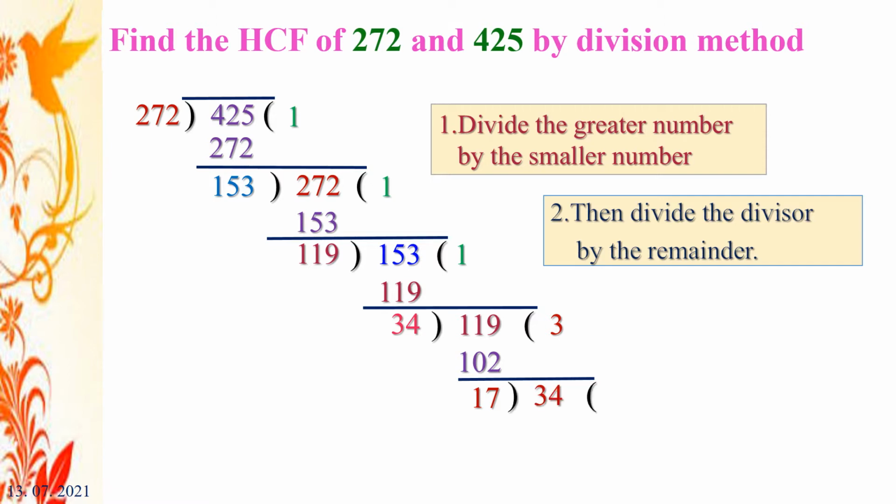Then divide the divisor by the remainder, that is how many times do we have 17 in 34? We have 2 times, so write 34. Now the remainder is 0. That means 17 is the HCF. So HCF equal to 17.